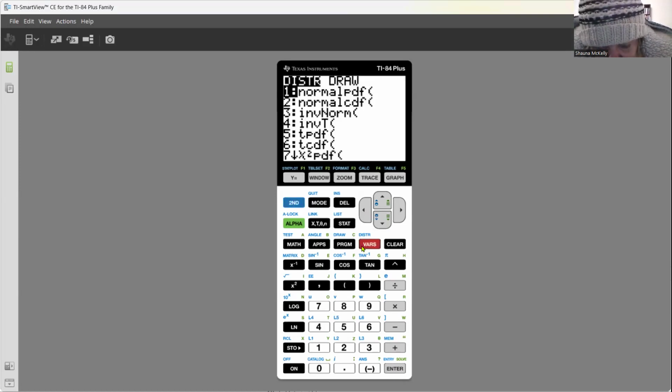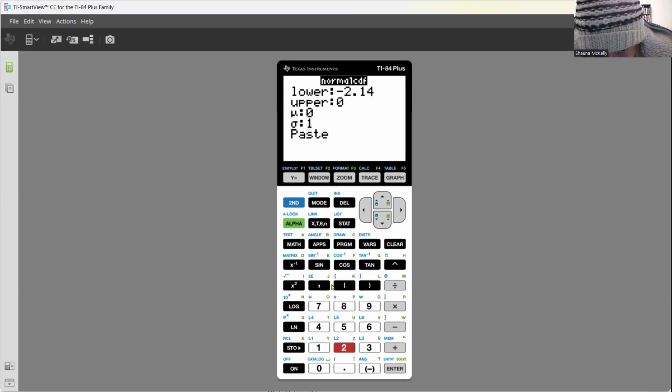We're going to have normal CDF number 2. My lower is going to be, in this case, negative 2.14. Wrong. Okay. Negative 2.14. My upper is not 0, it's infinity.